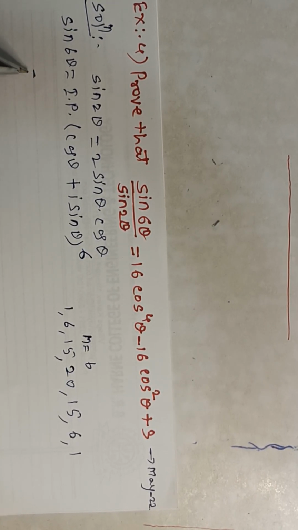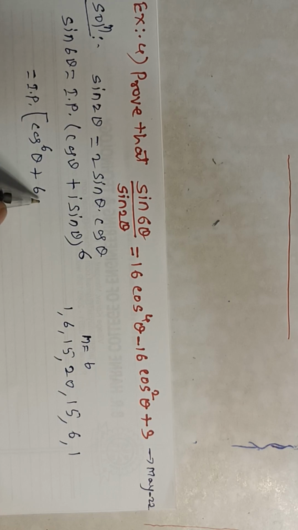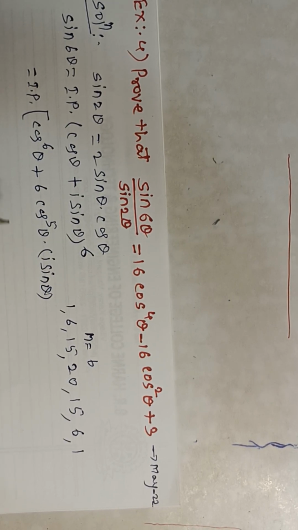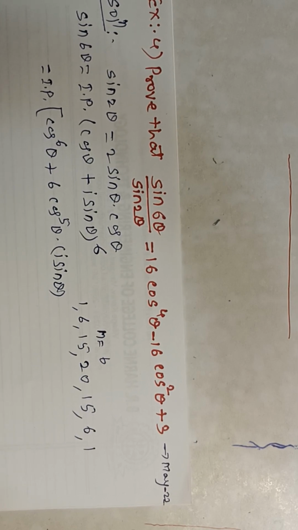So sin 6 theta is equal to the imaginary part of the expansion of this. Expansion will be 6th power of cos theta plus 6 times 5th power of cos theta into i sin theta. The power of the second factor increases, and the power of the first factor decreases by 1.